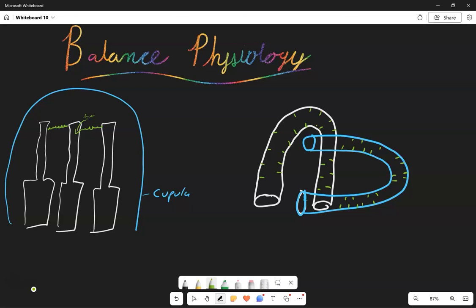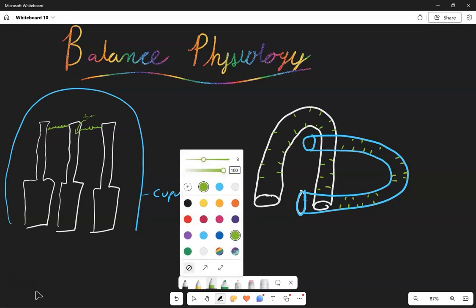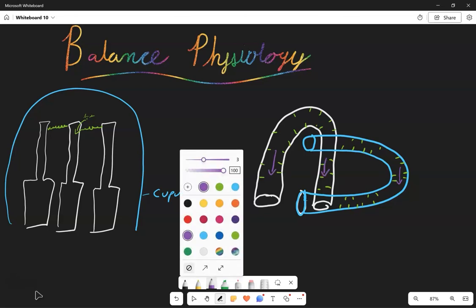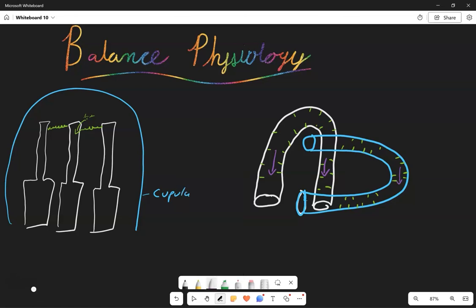Imagine that your semicircular canals were in this orientation that I've drawn them here. Gravity is going to pull on that jello, and you're going to get pull here, here, and here. So I want to label these regions so that we can see them a little bit better when we move them.